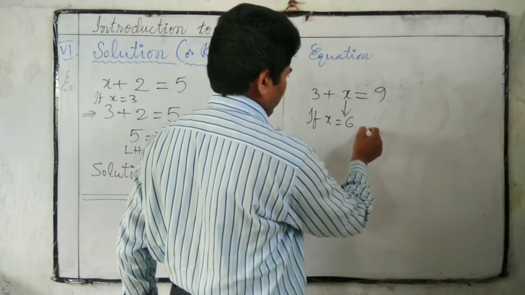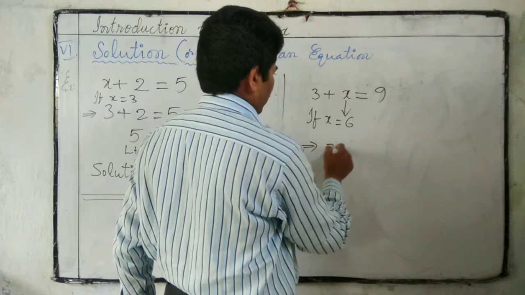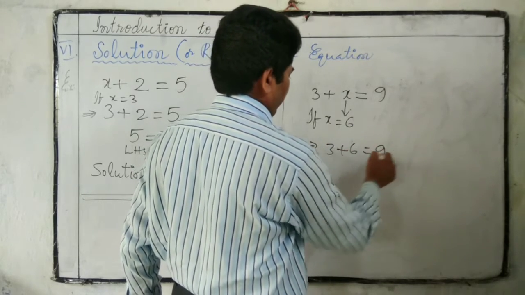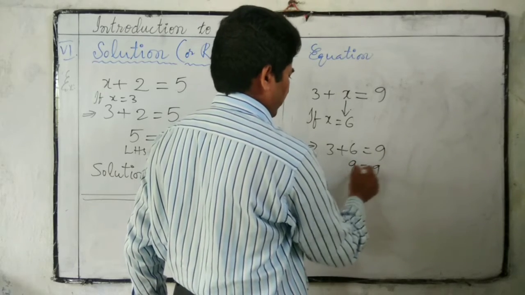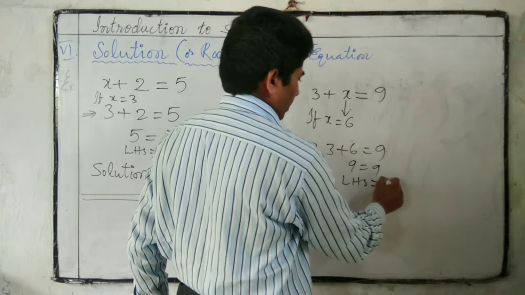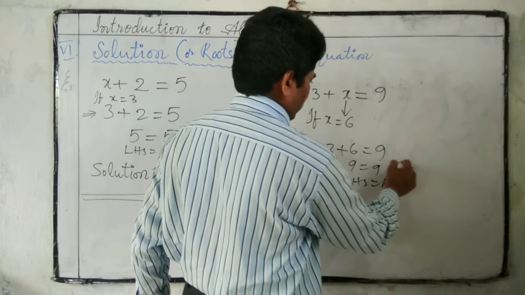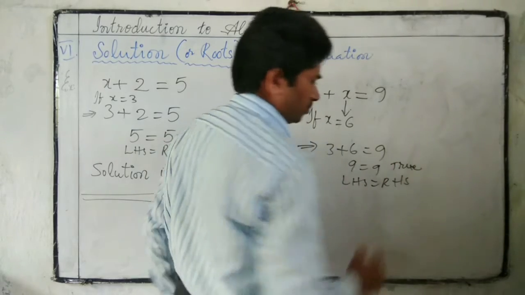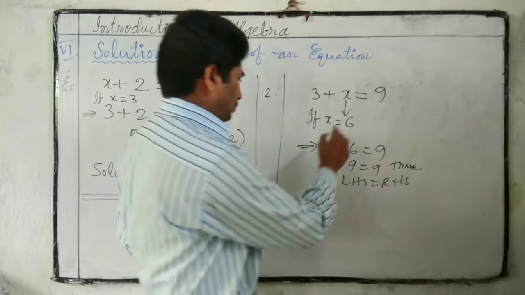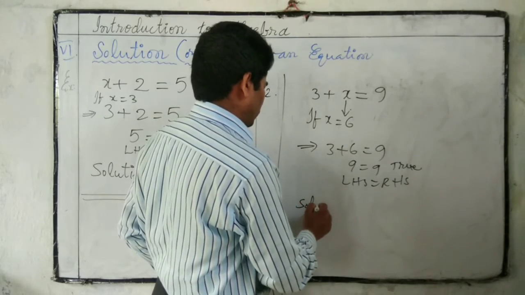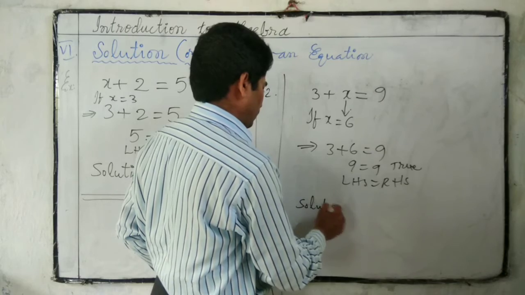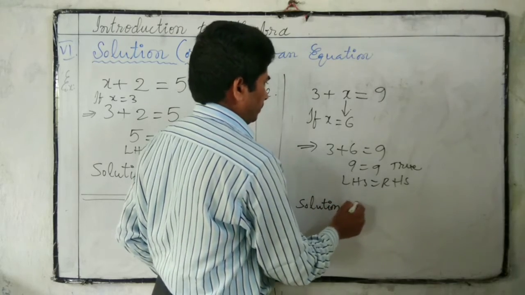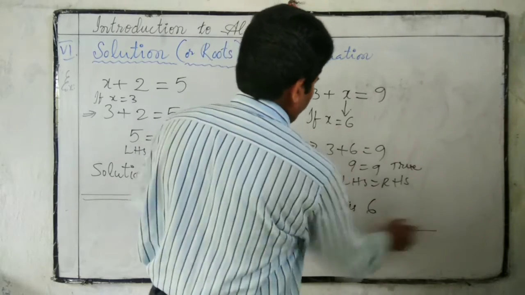If x is equal to 6, then 3 plus 6 is equal to 9. So 9 is equal to 9. LHS is equal to RHS, so it is true. So the solution or root is 6.